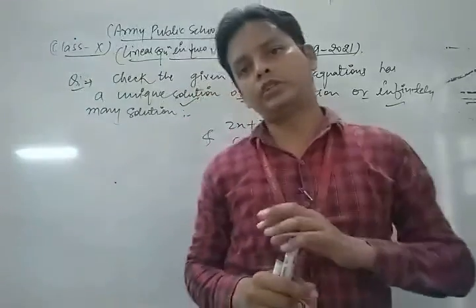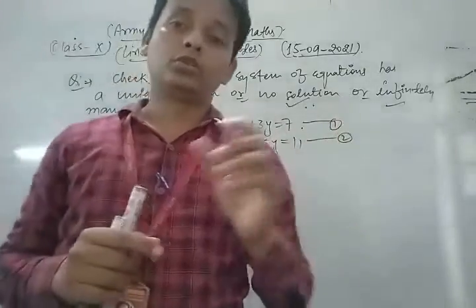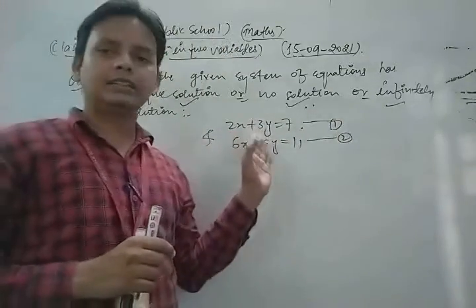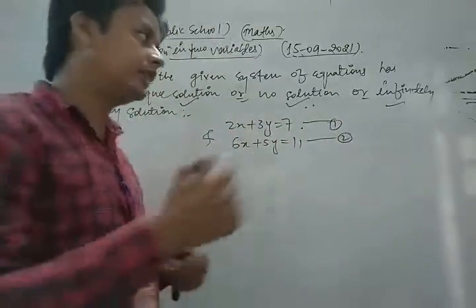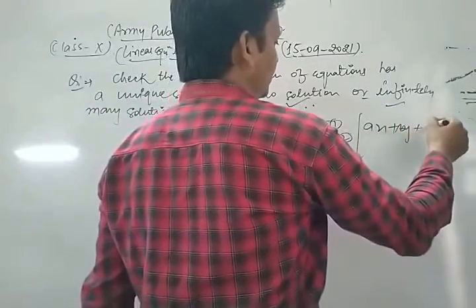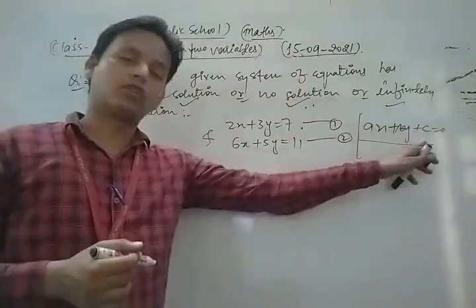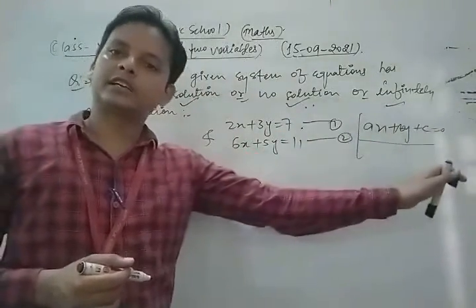First of all we arrange the given equations in the form ax plus by plus c is equal to 0, meaning on the right hand side we take 0.